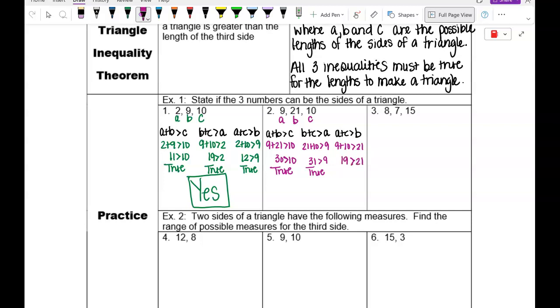Is 19 greater than 21? Nope, that is a false statement. And that false right there is going to provide the no. We cannot have a triangle with side lengths of 9, 21, and 10.